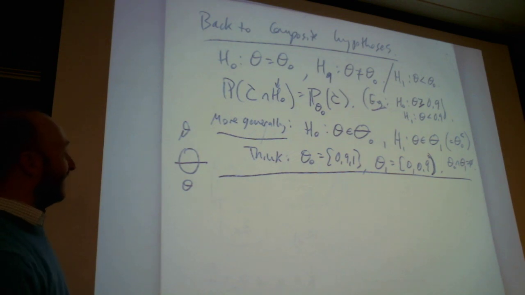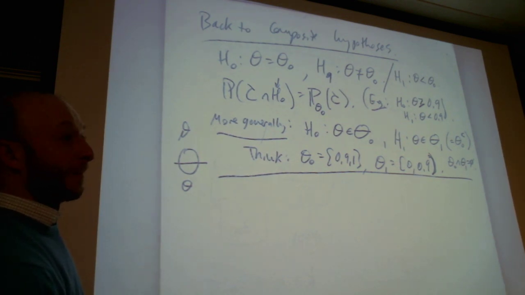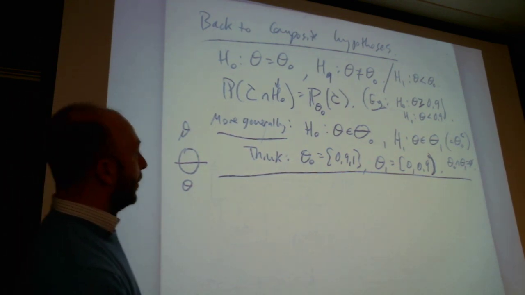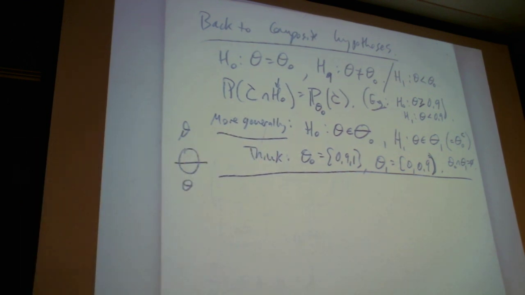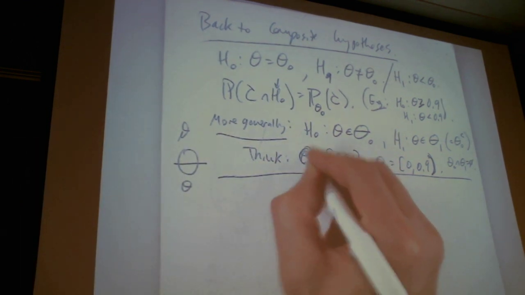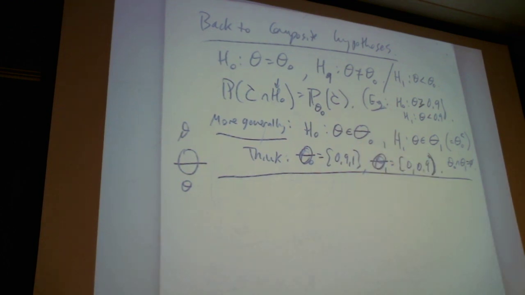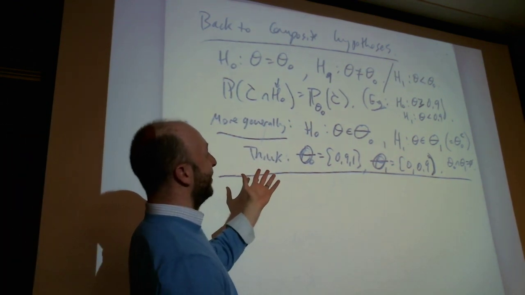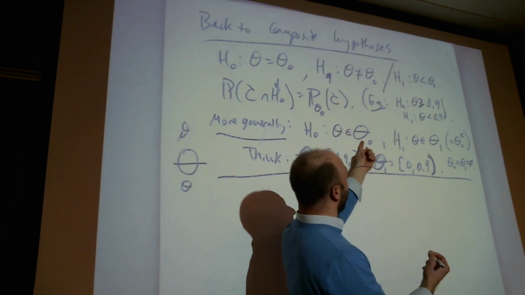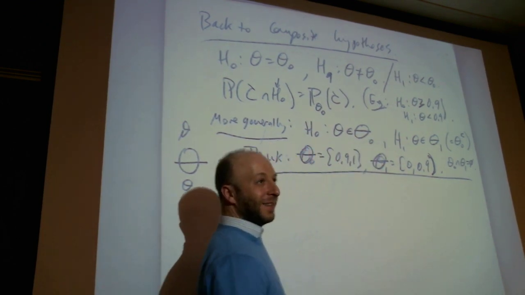I'm sorry, I'll do my best. Wait, so that's a lowercase theta. These are capital thetas, these are rushed capital thetas. Do those have the little curl? Yes, you're right. I'm trying to make them capital thetas. Hopefully from context it'll be clear what's a parameter and what's a range of parameters.